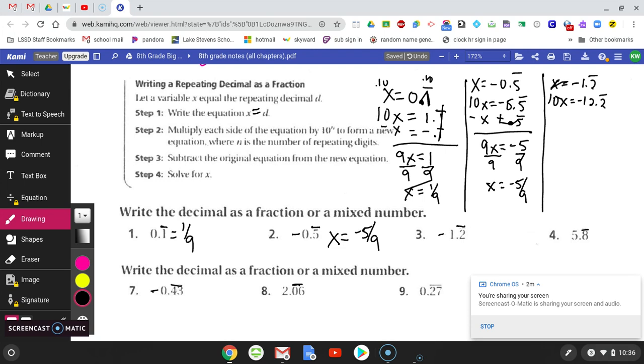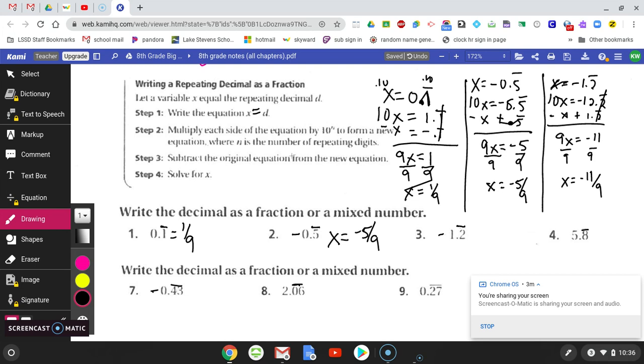Now we subtract the original one. So I'm going to subtract an x, and when I do minus a negative 1.2 repeating, that's the same thing as plus a positive 1.2 repeating. So I get 9x is equal to, well, our 0.2's cancel out, and that would become a negative 11. When I divide both sides by 9, I get x is equal to negative 11/9.